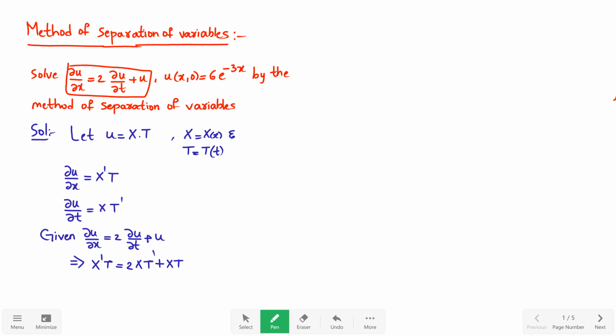Now we have to separate the x variables and t variables. If we separate X and T, we can write it as X'/X = 2 T'/T + 1, which is (2T' + T)/T. Now we have to reduce this into two ordinary differential equations. For that, let it be some constant k.